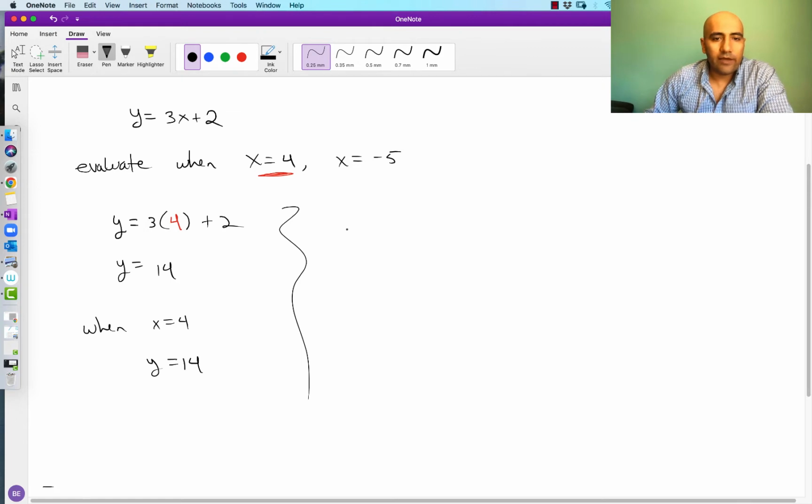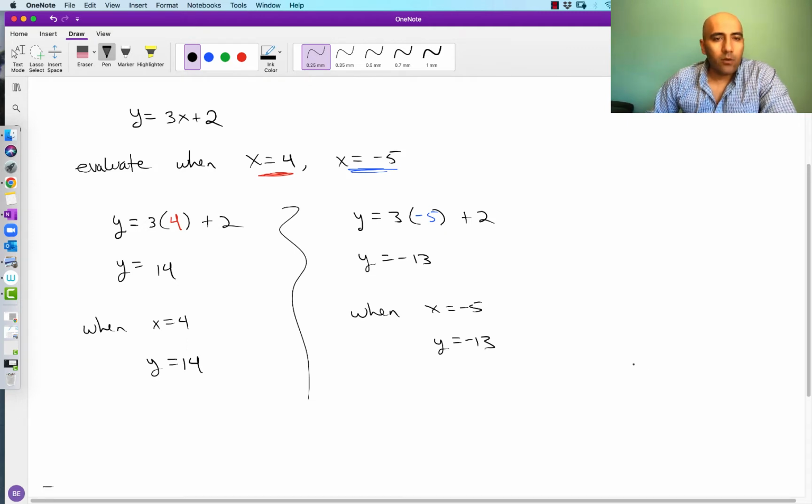On the other hand, we also have y equals 3 times blank plus 2. For this one, we have -5. So -5 times 3 is -15, plus 2 is -13. So y equals -13. So then we have a new statement here: when x equals -5, y equals -13.